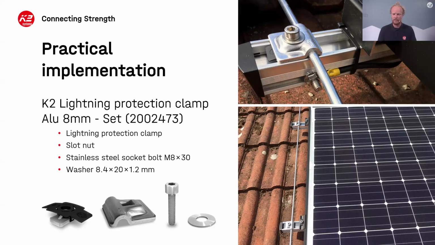So in a situation like here, you can have aluminium or copper, which is shown here. This is a little setup with our lightning protection set, which you can see down below in all the parts. One thing to be aware of as well, copper and aluminium are two metals that are not the most favored to be in contact with.